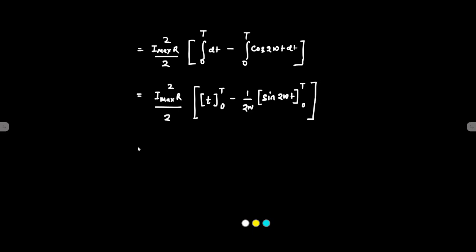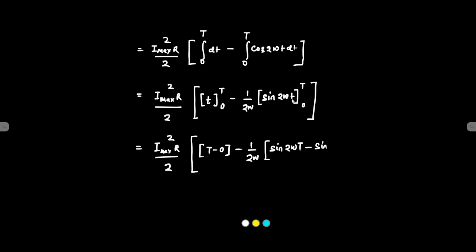So here it is I max square R by 2, capital T minus 0, minus 1 by 2 omega, sine 2 omega capital T minus sine 0, because when we substitute t equal to 0, it becomes 0.